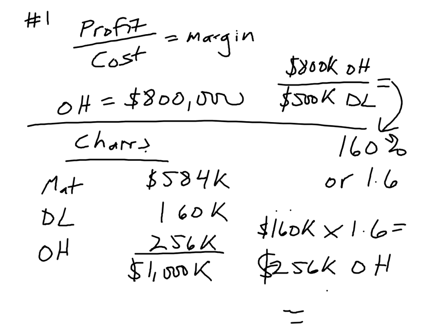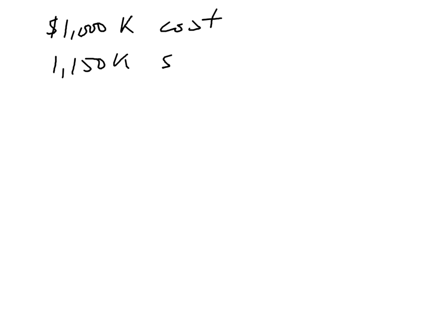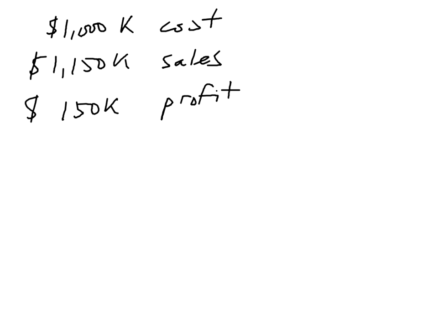And then so if your cost is 1,000 and your sales is 150, that means your profit, dollar-wise, you made 150,000 profit on these chairs.